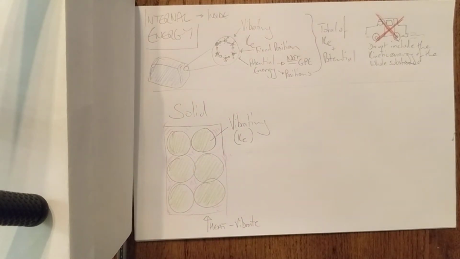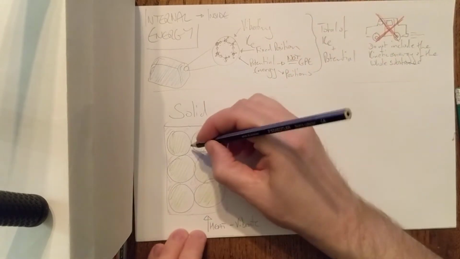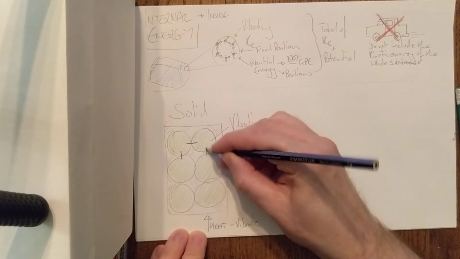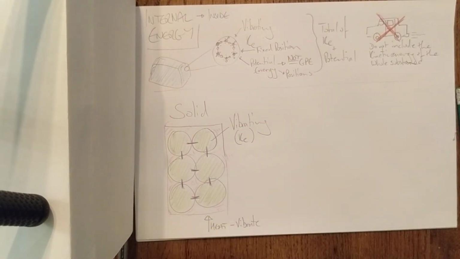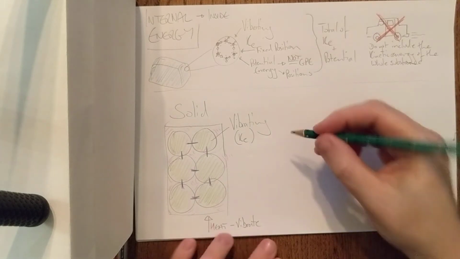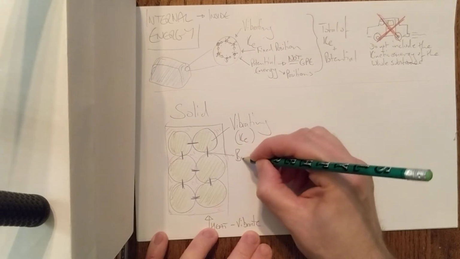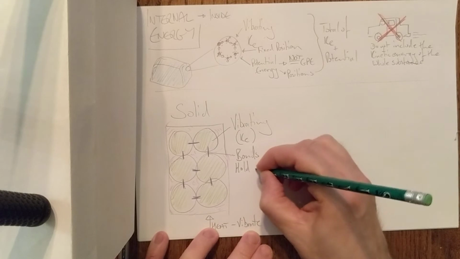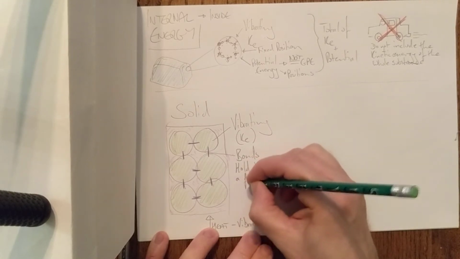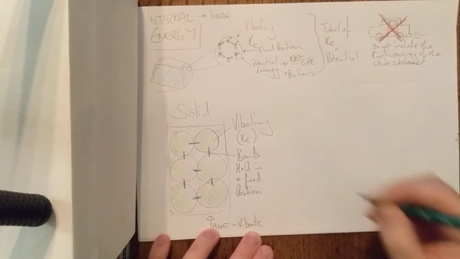I'll signify those bonds in a purple colour, like that. That's not quite what it looks like, but we'll put those on there so that we know that the bonds hold the particles in a fixed position, and that only allows them to vibrate.